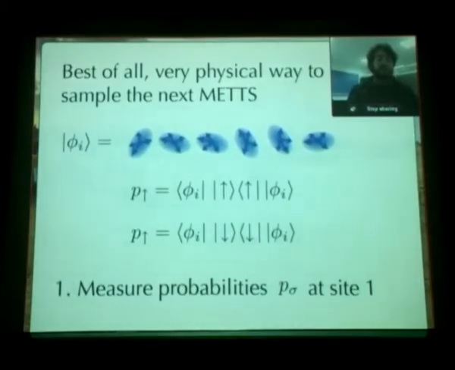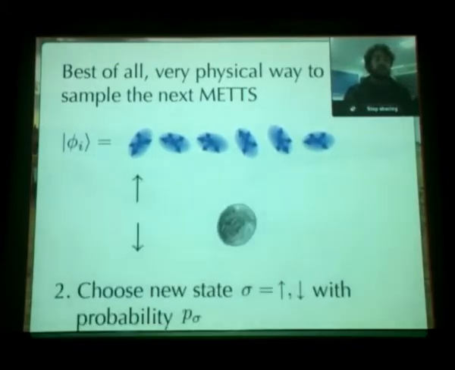Take the expectation value of these projectors on site 1, and those are probabilities that you can now use. Then the idea is you flip the coin. If you click on the slide, it will flip the coin, and you choose with this coin, with weights that come from those probabilities that you measure, which state you're going to project into.